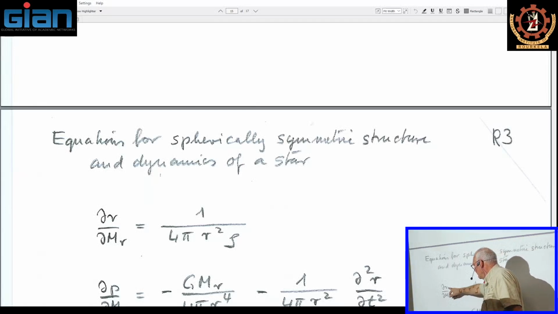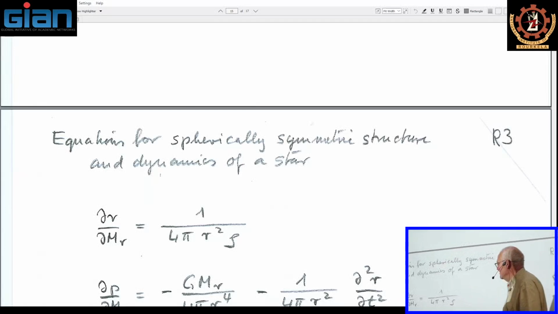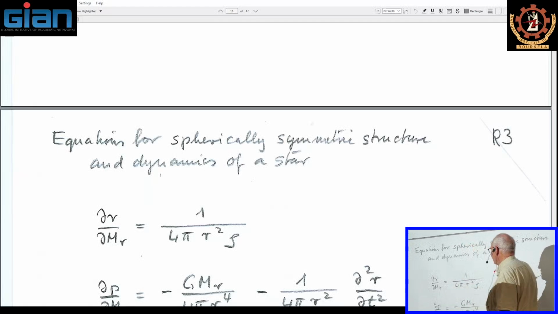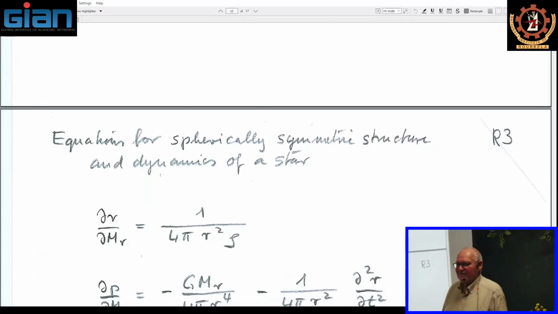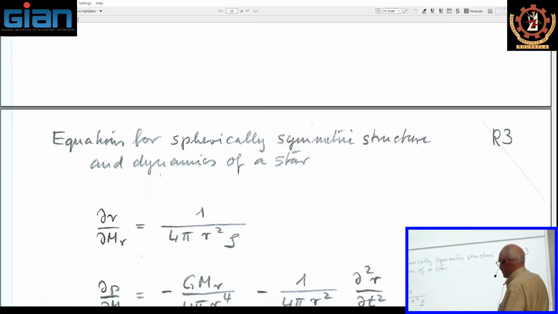So you may regard r as the dependent variable, and mr is the Lagrangian independent variable, with dr by dmr given by 1 over 4 pi r squared rho. You may regard this as an expression for mass conservation. You could also say it's simply the definition of our mass coordinate mr.